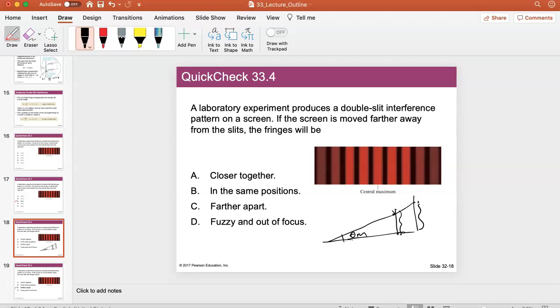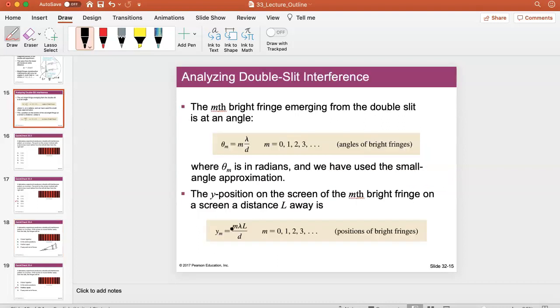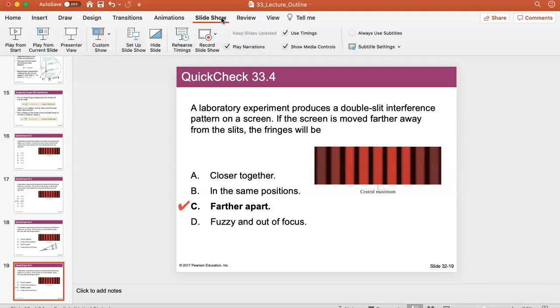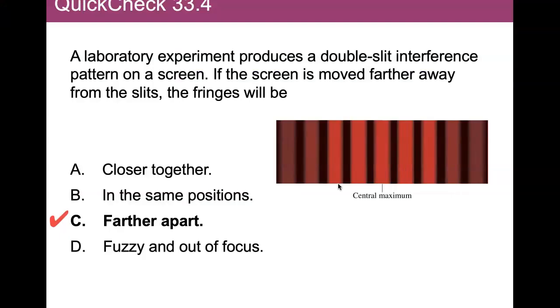We can also directly use our expression, right? Ym is m lambda L over d, so it's proportional to L. If you increase L for the same m, for the same fringe, we're going to get a larger y, right? So all of these go farther from the center.